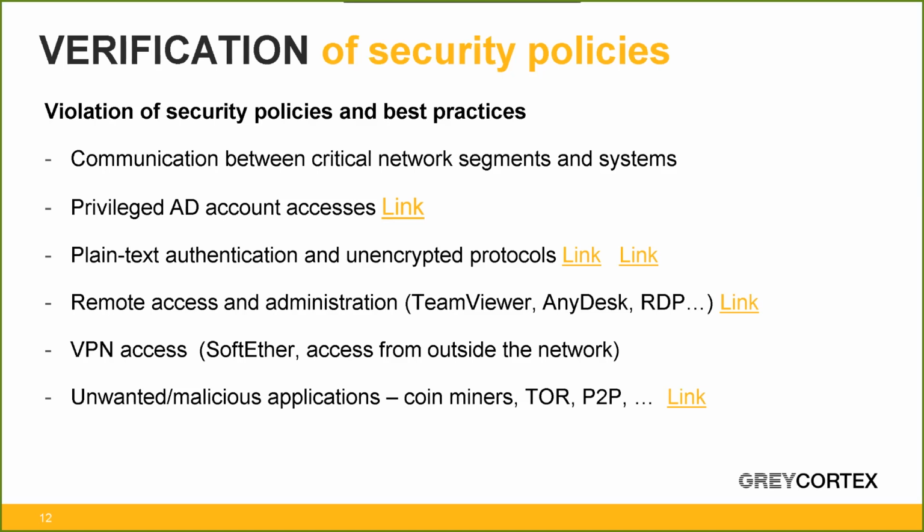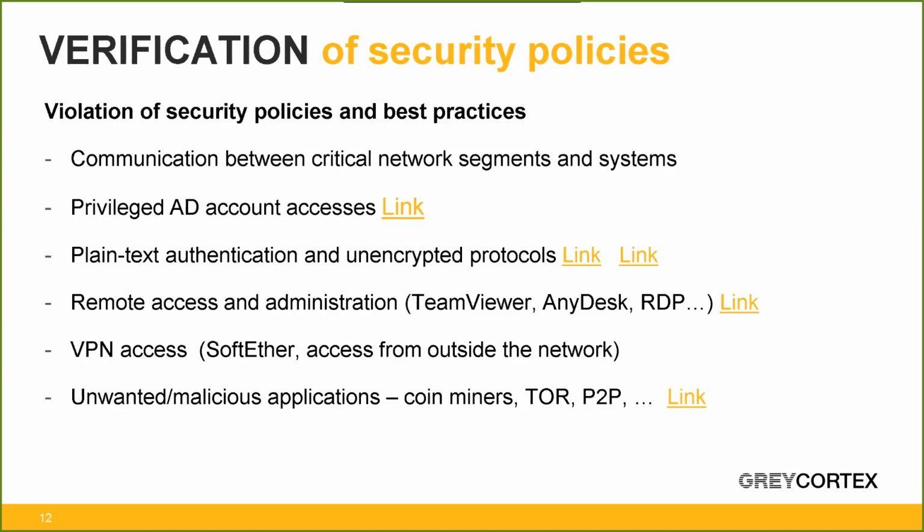Another typical policy is to be able to watch the privileged AD account usage. In the typical attack, the golden ticket of the privileged AD accounts is the main goal of the attacker, because if they are able to obtain this kind of ticket, they are able to log on to every other computer that is connected to the domain.